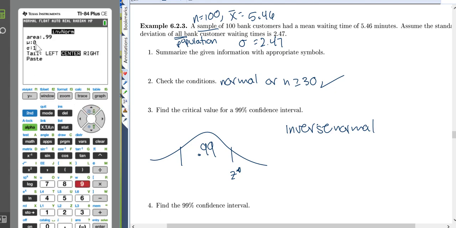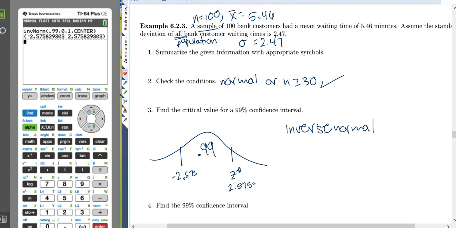My mean is 0, standard deviation is 1. I want the area in the center. And notice it tells me that I'm going from negative 2.575 to positive 2.575. So we have z star equals 2.575.